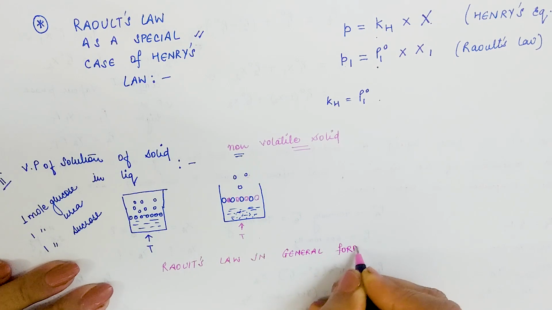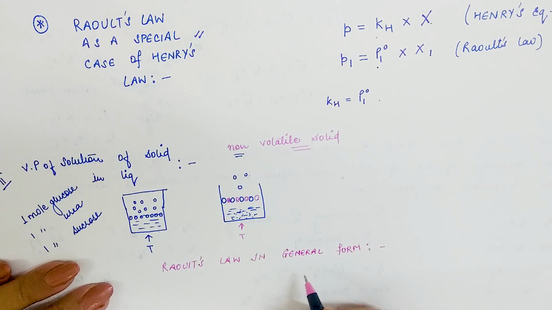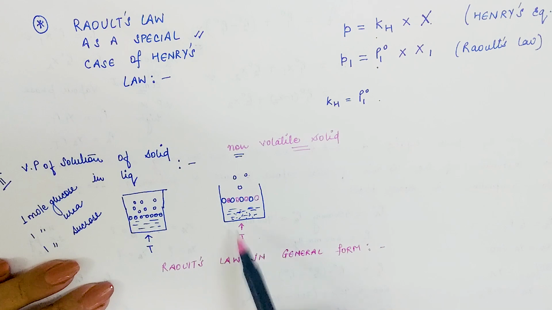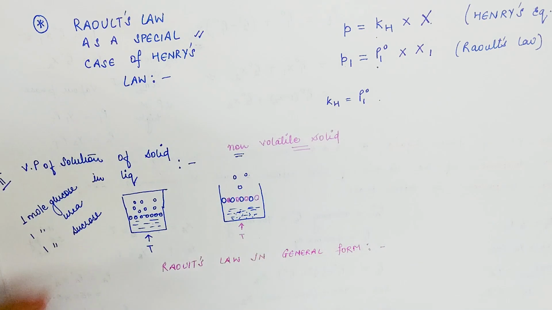Children get confused about which law they have to write. Just read the previous law. You have written in the previous law that the partial pressure of each component in the solution. Why each component? Because each component was volatile there. Here it is one volatile and one non-volatile. So what is it in the generalized form?